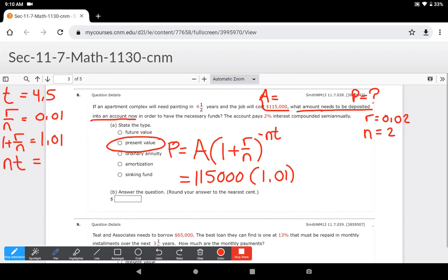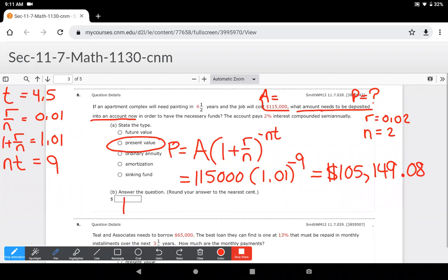NT, which is 9. Now, be sure to use a negative exponent when the formula calls for a negative exponent. Otherwise, we won't get the right value, right? This gives me a value of 105,149, and then to the nearest cent is 8 cents.